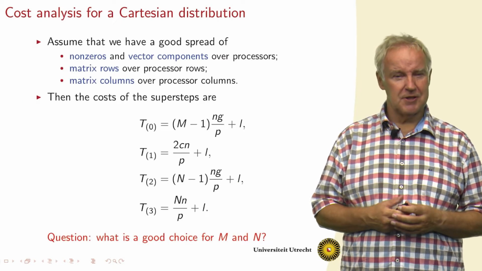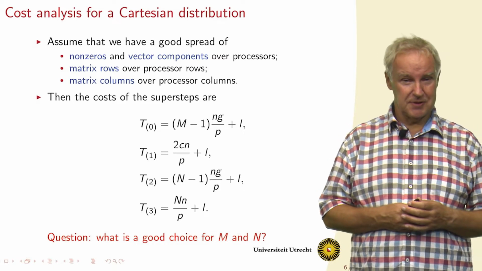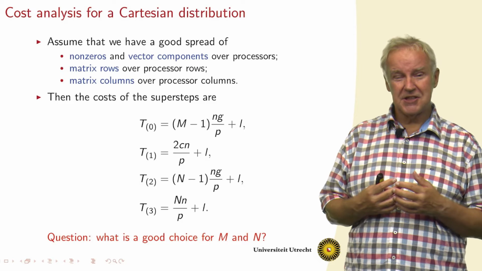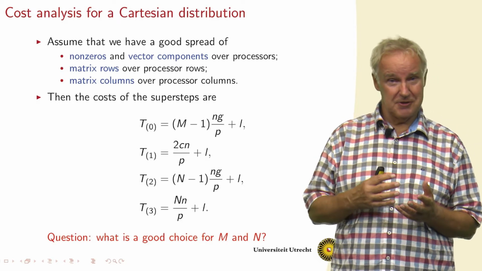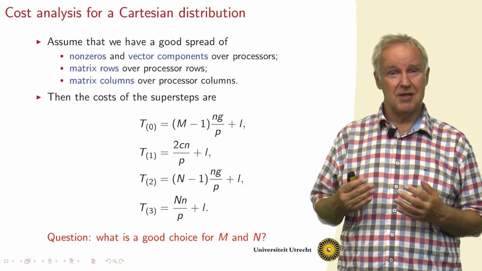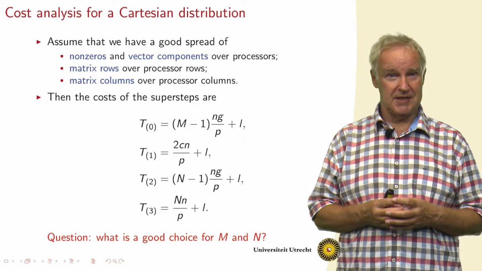And then we can do a cost analysis. Again, we need to make spreading assumptions. In this case, for the Cartesian distribution, we make additional assumptions. So not only are the non-zeros and vector components well spread, also the matrix rows and the matrix columns are well spread.